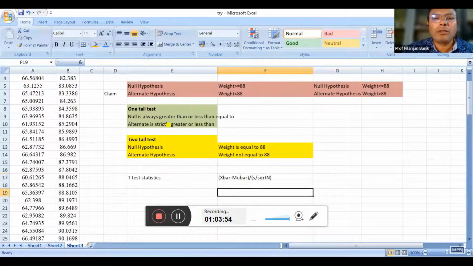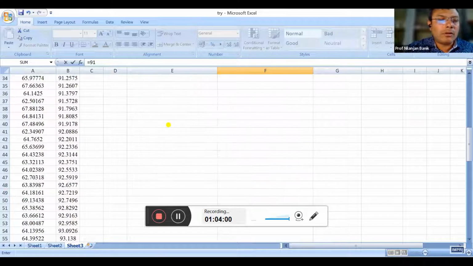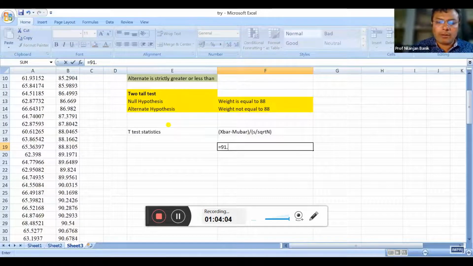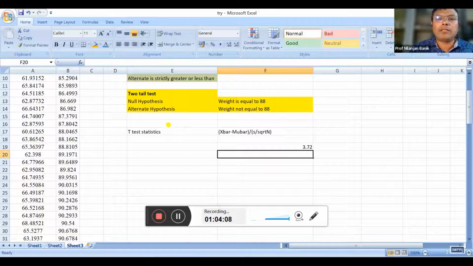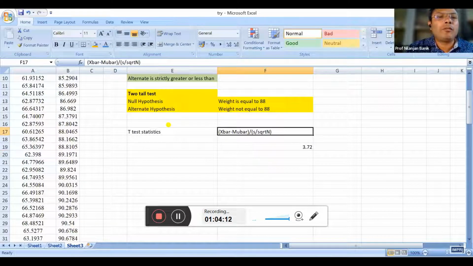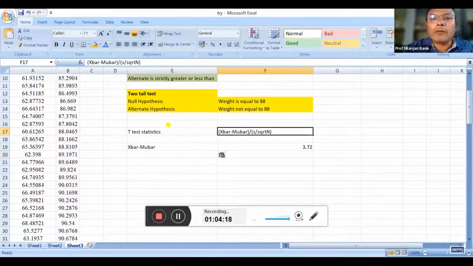So this is the formula. So 91.72 less 88. This is what I'm getting, 3.72. What is 3.72 again? 3.72 is this part over here. And now I have to do this part.